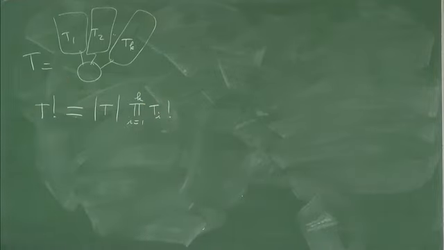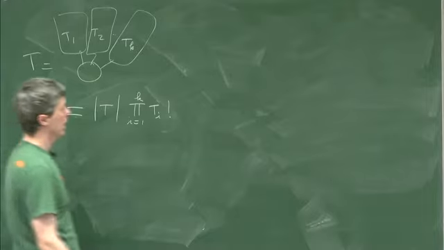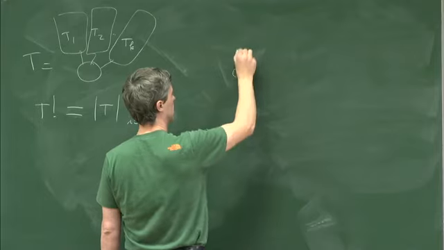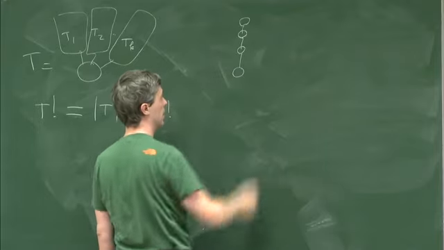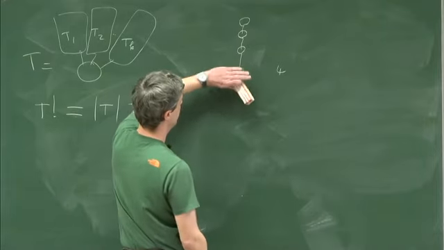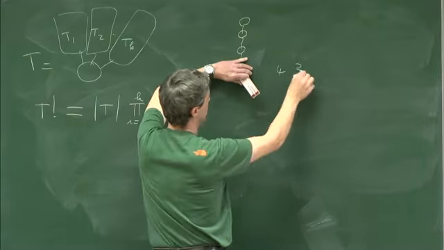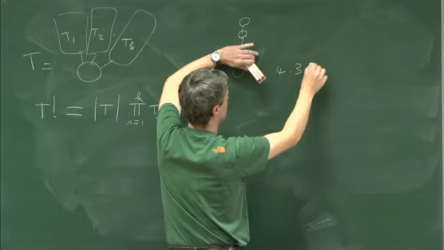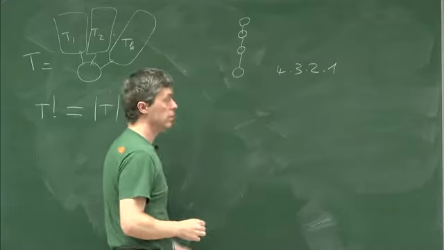So it's a recursive definition. And if we look at this one, its factorial is 4 times the factorial of that one, so it's 3 times the factorial of that one, so it's 2, 1.